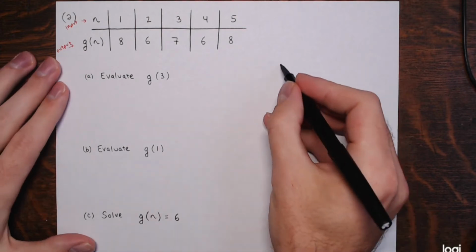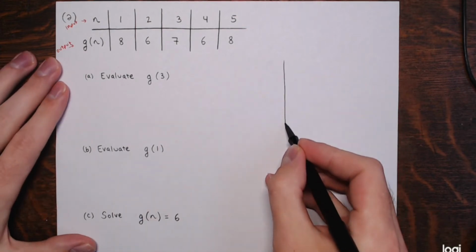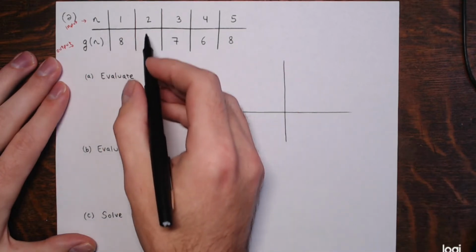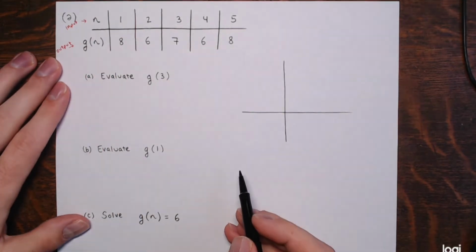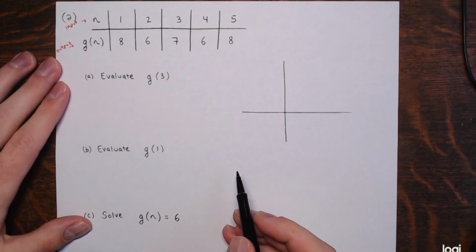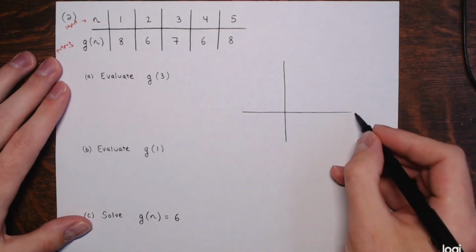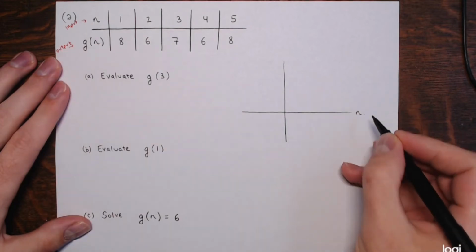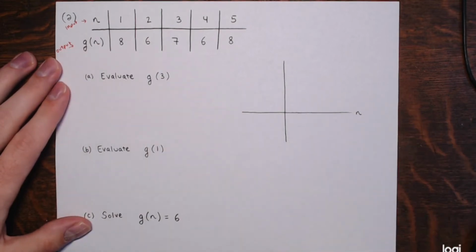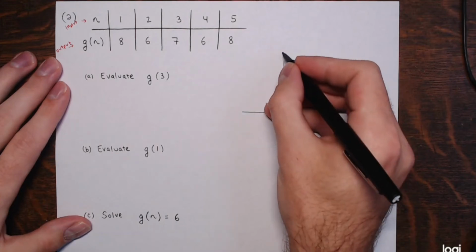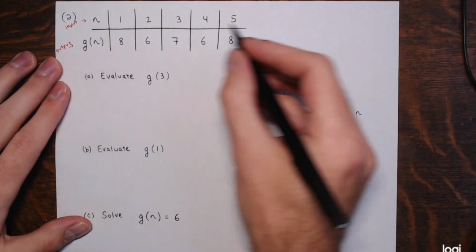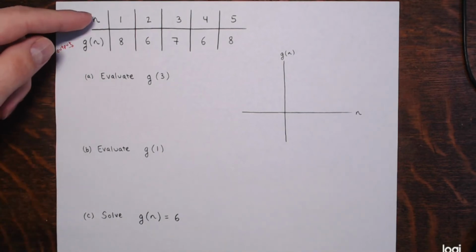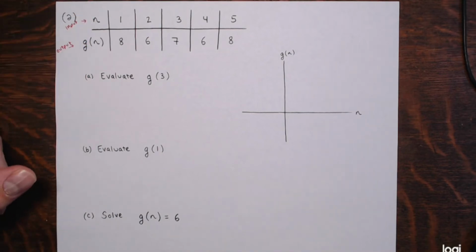If I were to start making a graph here, again, there's no equation. They only gave me 5 ordered pairs. Now the horizontal axis is going to be the n axis, the input axis. The vertical axis is the g axis, or g of n. And again, you can replace n with x, and g of n with y if you want, and it's the same stuff.